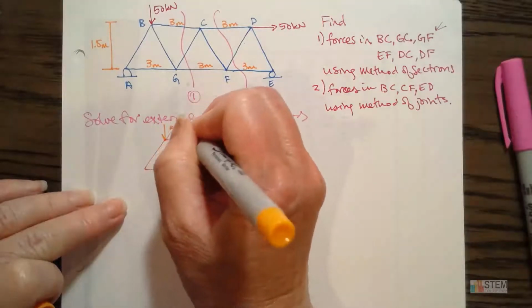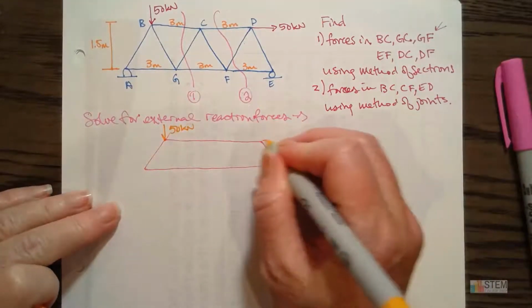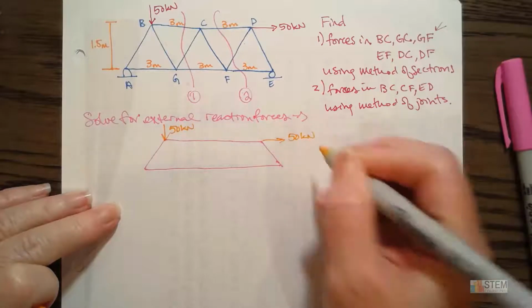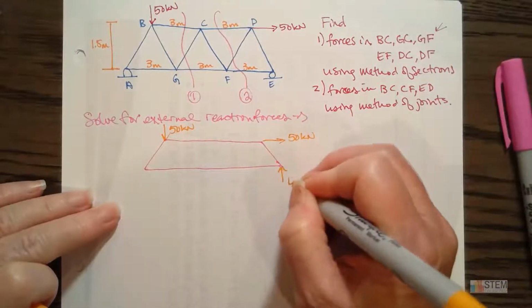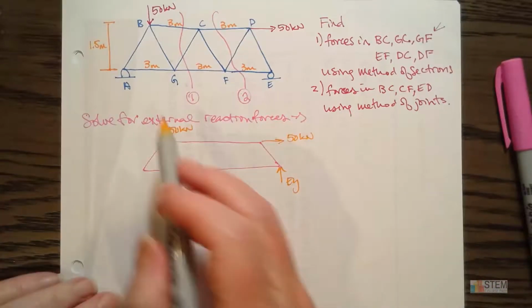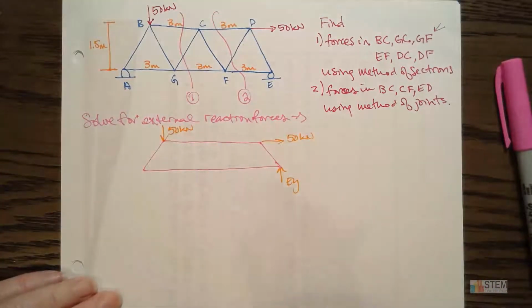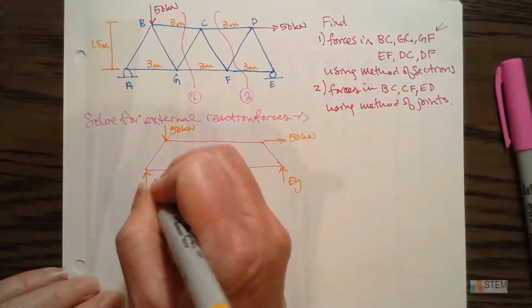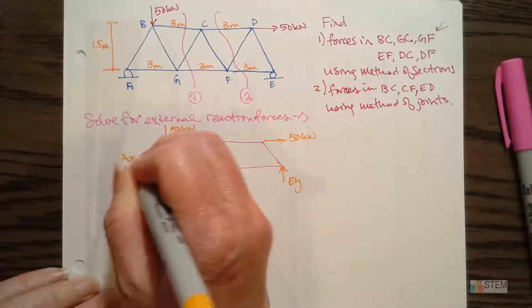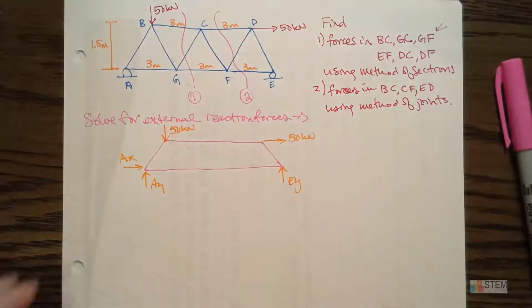We got 50 kilonewtons there, 50 kilonewtons here. We got a roller at E, so the roller just provides that upward force, called EY. And at A, I've got a pin, so the pin is going to provide a horizontal and a vertical reaction. I always assume those are in the positive direction, whether they are or not, we'll find out in just a second.